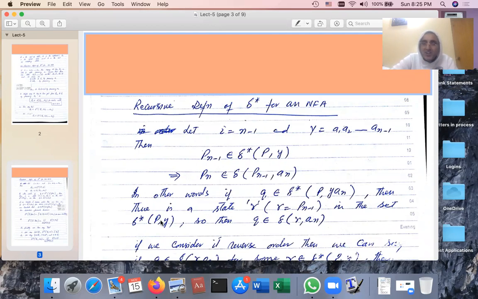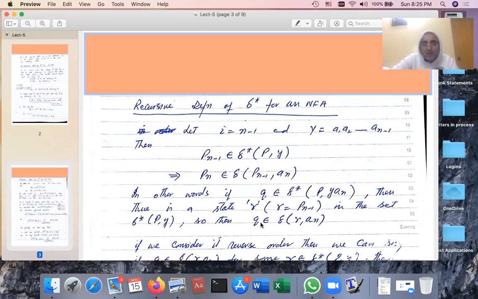And how can I reach that state? Same story, delta star, from initial state P, processing this string Y, which is A1 to An minus 1. After processing this whole string, I will reach at Pn minus 1, which is R. So I can reach R by processing this.